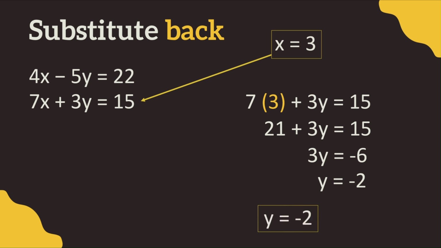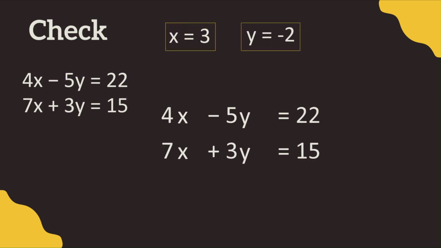But before we finish, let's check our answer. This time, let's try to do it in our minds. Substituting x equals 3 and y equals minus 2 into the first equation gives 4 multiplied by 3 minus 5 multiplied by minus 2 equals 22. Since minus multiplied by minus gives a plus, this becomes 12 plus 10 equals 22.